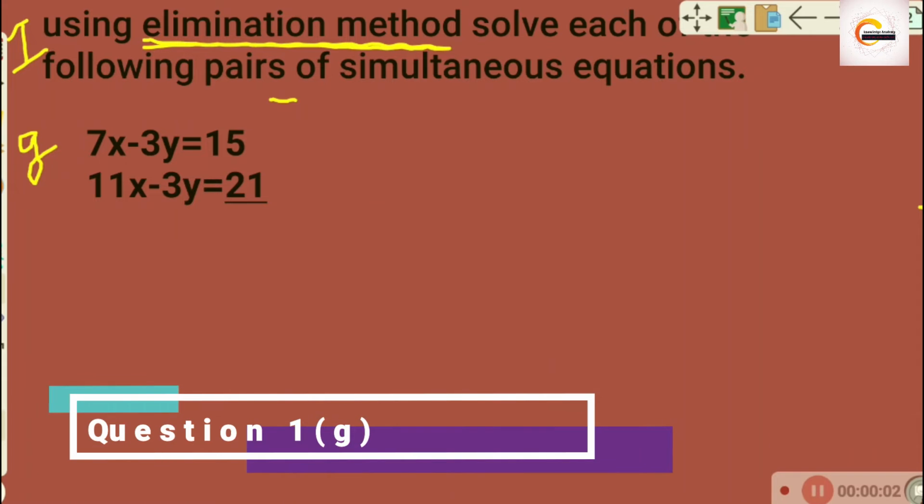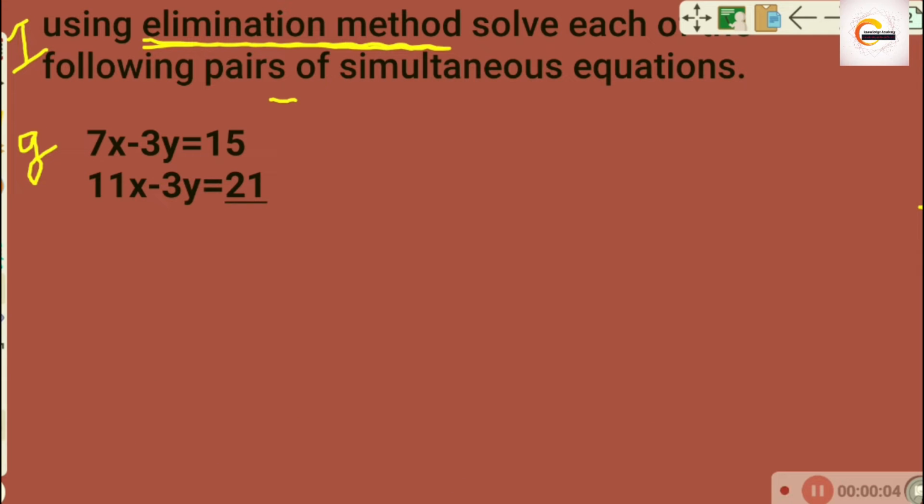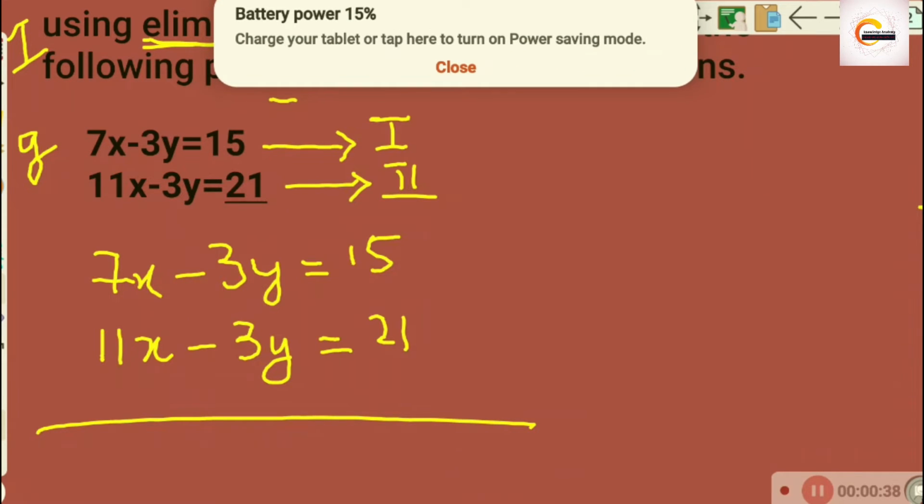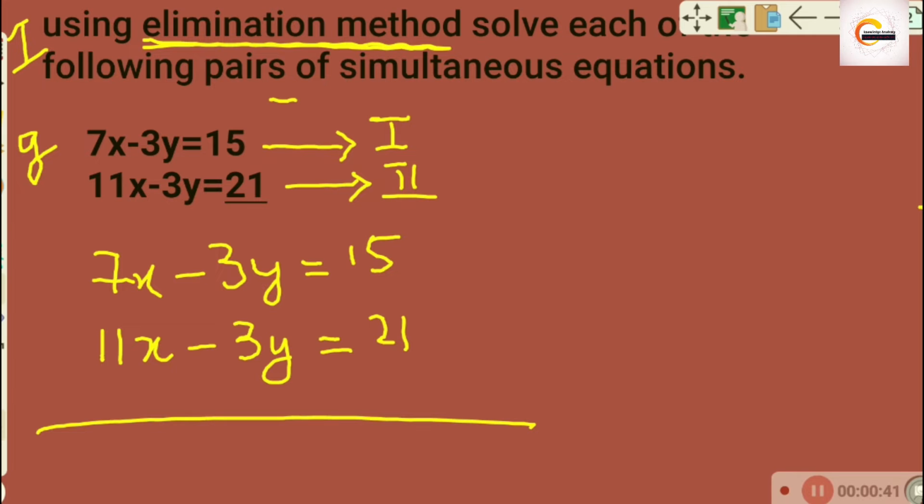Now question number 1G. This kind of question is more or less the same, but you are going to see what the difference is. Let's name it equation 1 and equation 2. I'm going to write the equations. We have to eliminate one variable, and we can see that one variable has the same coefficient as in equation 2.